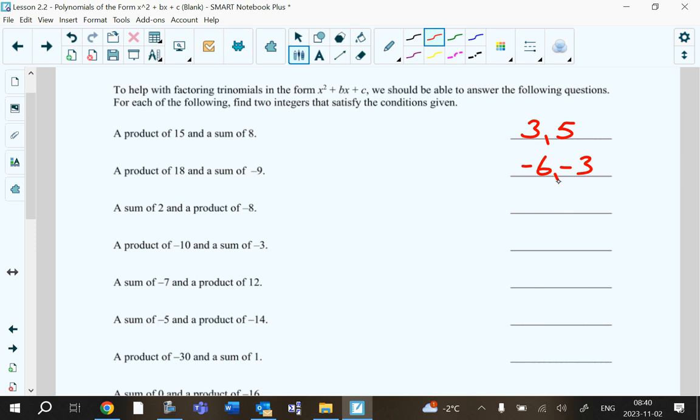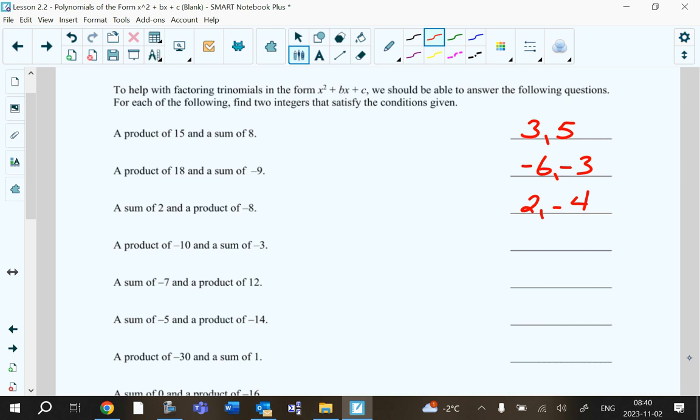Remember, we can get a positive product by multiplying two positives together or two negatives together. Two numbers that add to 2 but multiply to get -8. Well, if they multiply to get -8, one must be positive and the other must be negative. What do we got? 2 and -4, I heard? That's correct.